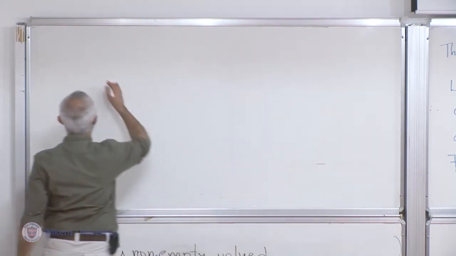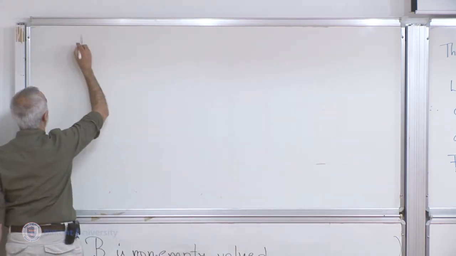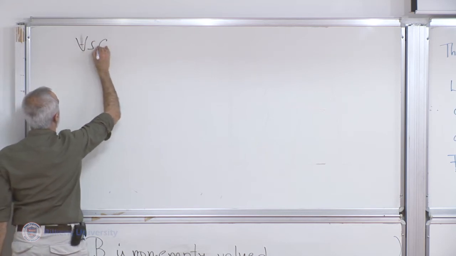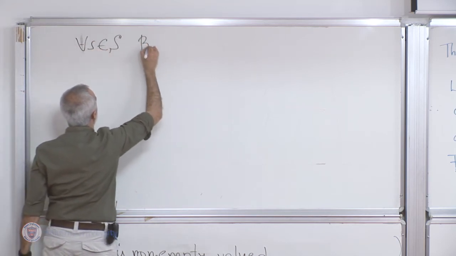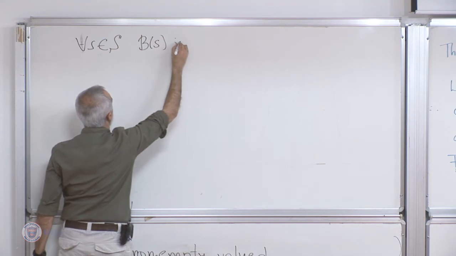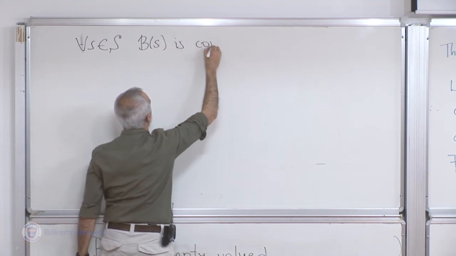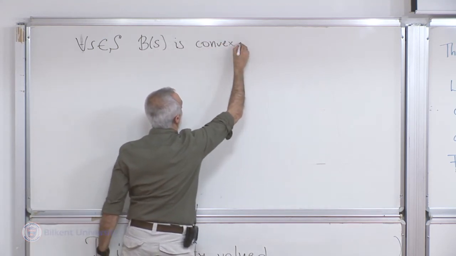So this time we want to show that for any strategy profile S, B of S is a convex set. So what does that mean?